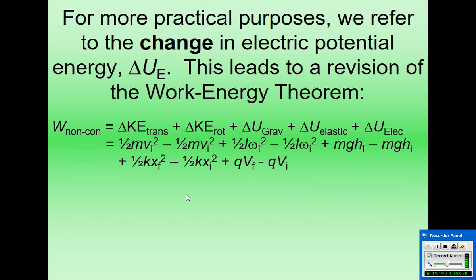The work energy theorem could be stated to say that the work done by all non-conservative forces is equal to the change in translational kinetic energy plus the change in rotational kinetic energy plus the change in gravitational potential energy plus the change in elastic potential energy plus the change in electric potential energy. Electricity is a conservative force just as gravity is, so it appears on the right-hand side, if you will, as a potential energy in the equation for the work energy theorem.